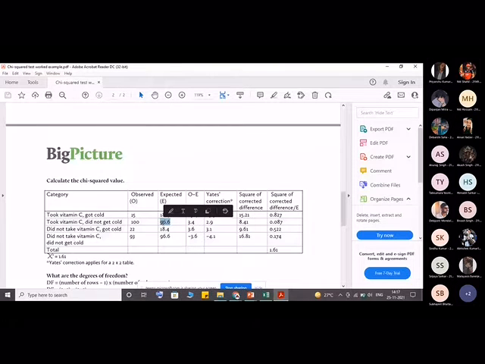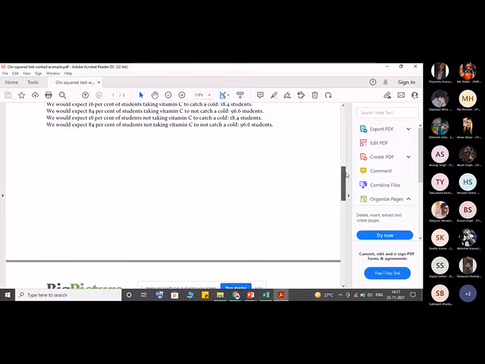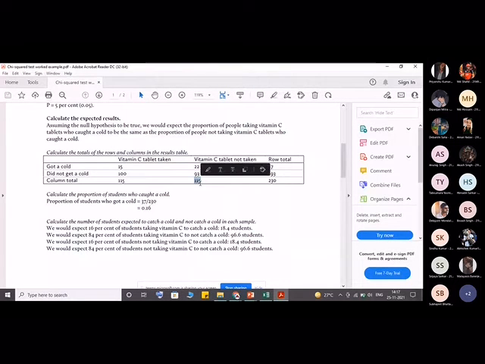Again for the 22, I have to find out what the expected value will be. In a similar way we apply it to 22. What is the row total? 37. What is the column total of 22? 115. So 37 into 115, divided by the overall total, 230.